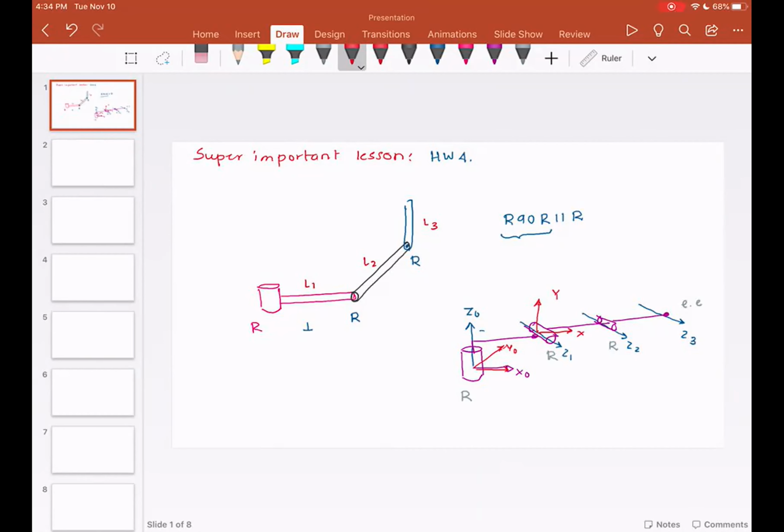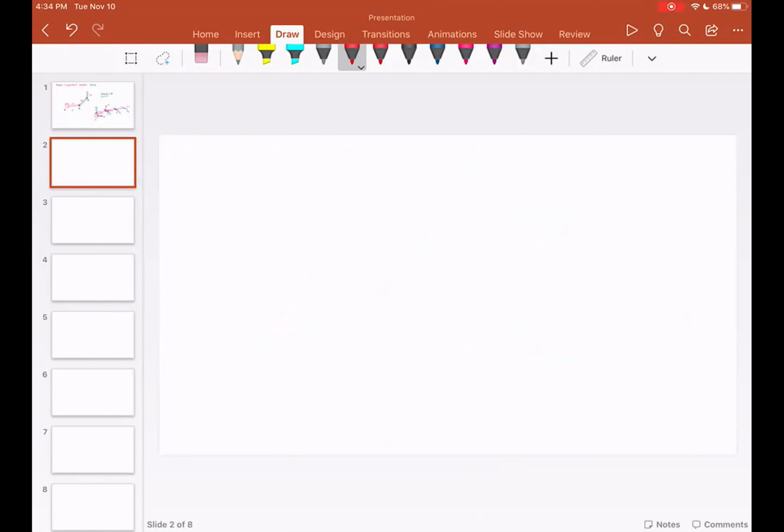So I'm not going to spend time in setting up the coordinate system, but let me give you the rotation matrices for this problem. My suggestion to you would be, as I'm working out the solution, please compare your answers.